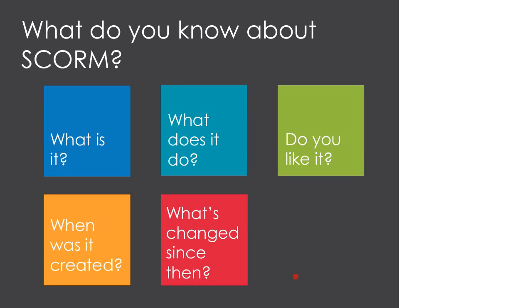MySpace was probably the social media network of popularity at the time SCORM came out. And broadband wasn't really universal. Really, SCORM was designed for a world of corporate intranets rather than for a world of the internet. So that's why you've got this content aggregation model. You take content and you can upload it to an intranet, a school intranet or a corporate intranet.